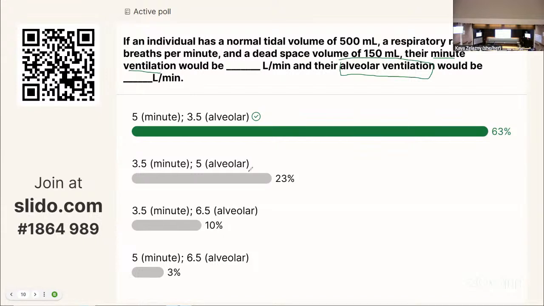So minute ventilation is always going to have to be higher than alveolar ventilation because it's the higher number that we're subtracting away from. So for all these round choices, you can see that we had a lower number for minute ventilation and a higher one for alveolar. So even without understanding the calculation in this multiple choice version, you could have gotten to this answer. Okay, but we'll walk through how you get to the precise right answer right now.